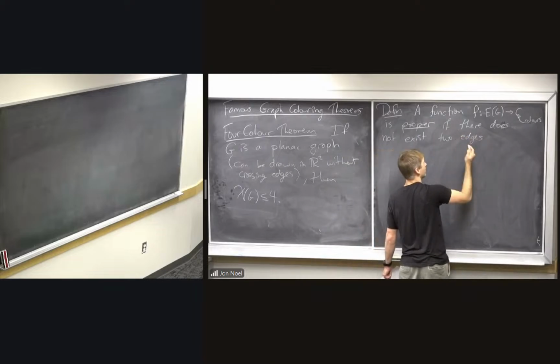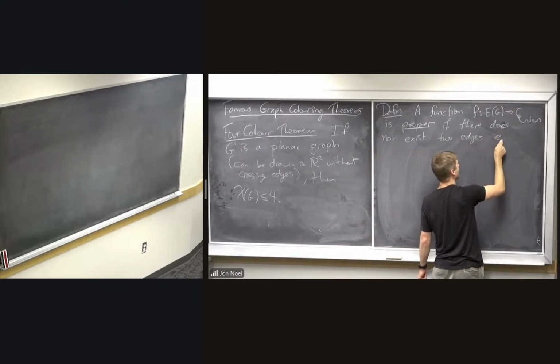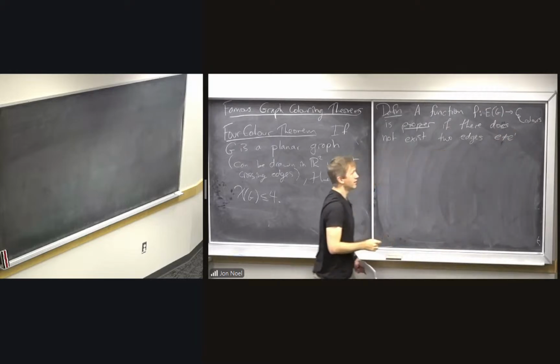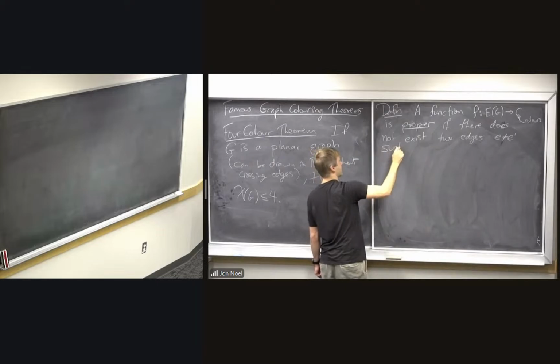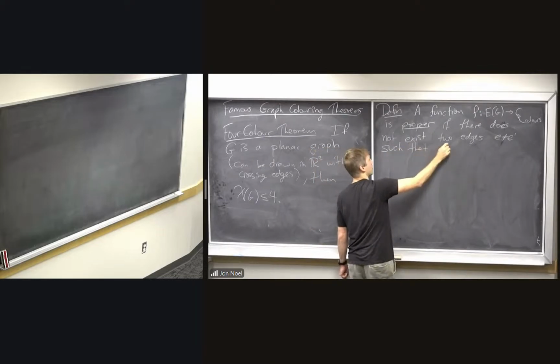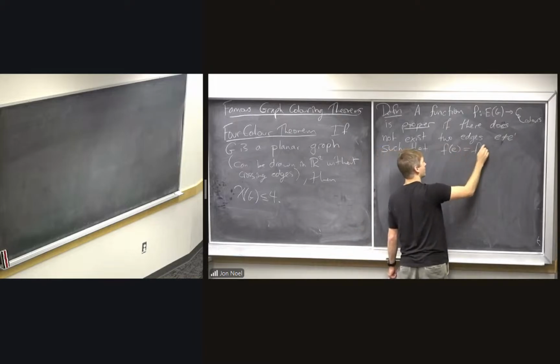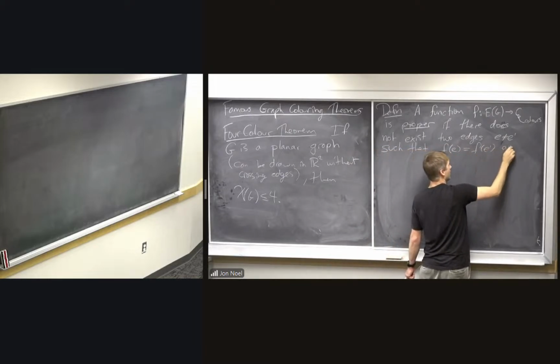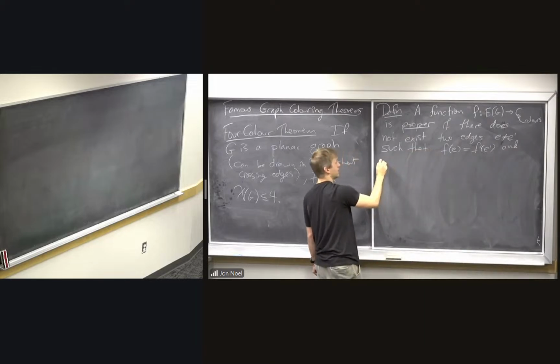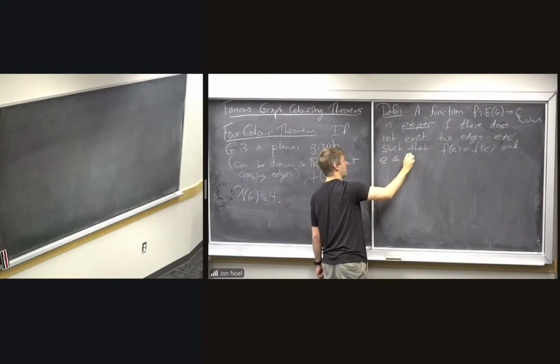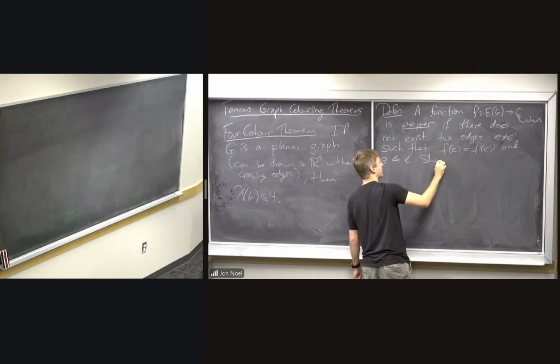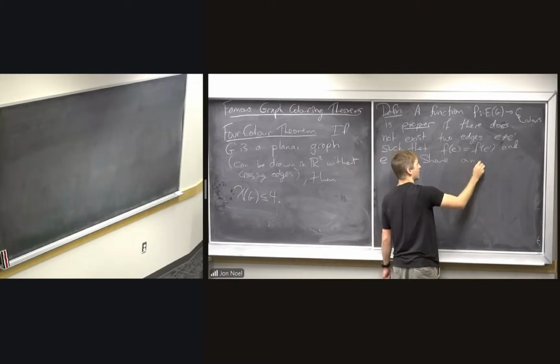So let's say two different edges e and e prime, such that f of e, which is the color of e, equals the color of e prime, and e and e prime share an endpoint.